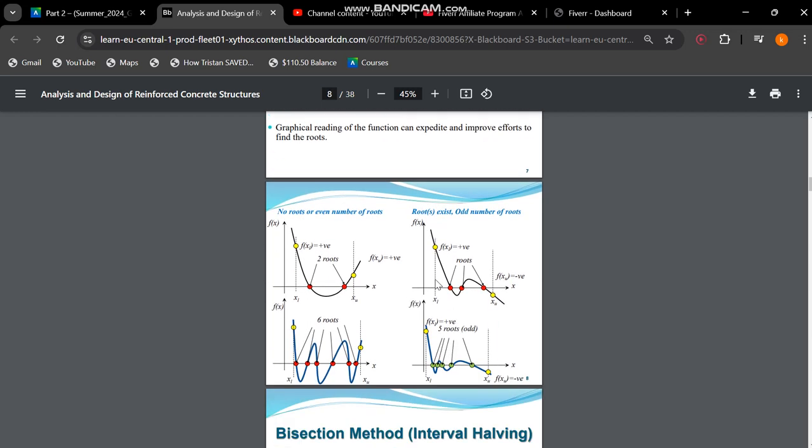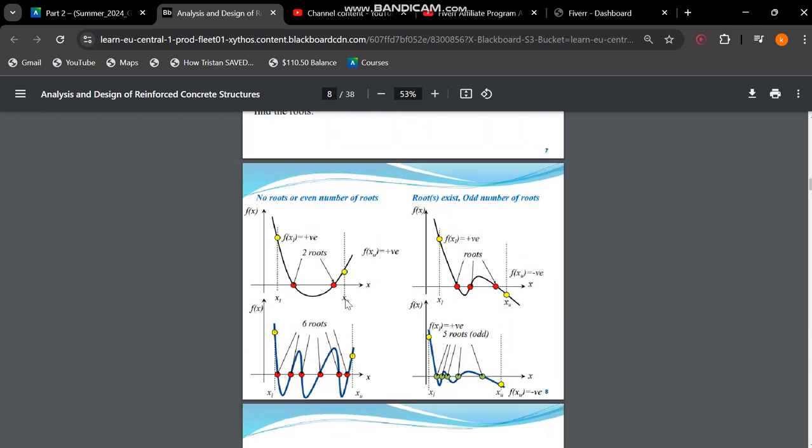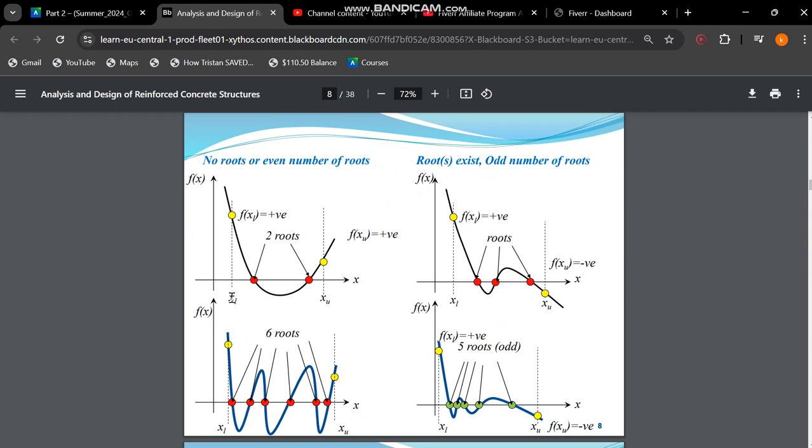So the first thing you have is the bisection method, right? So you have a lower bound and you have an upper bound. So you have an interval. If f(xl) and f(xu) are both positive, that means there are either no roots or an even number of roots, as you can see.